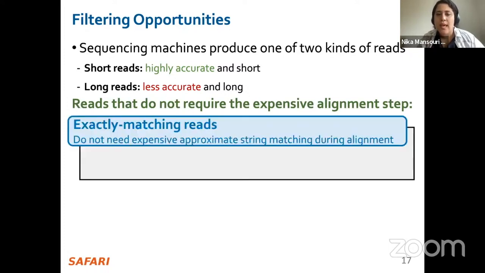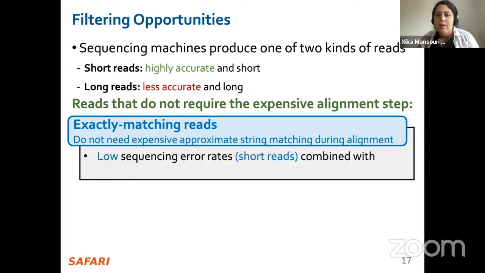First, we can filter exactly matching reads, which are reads that match exactly to one or more matching subsequences of the reference genome and do not require approximate string matching during alignment. These things can frequently happen in short reads that have low sequencing errors and also low genetic variation.